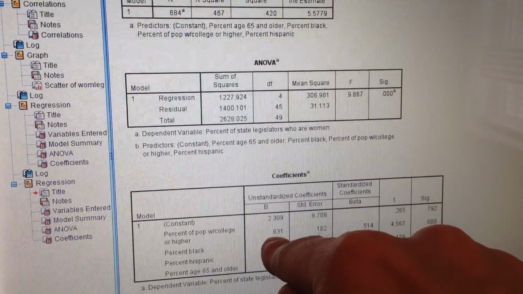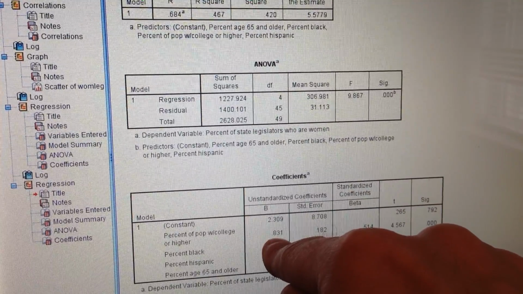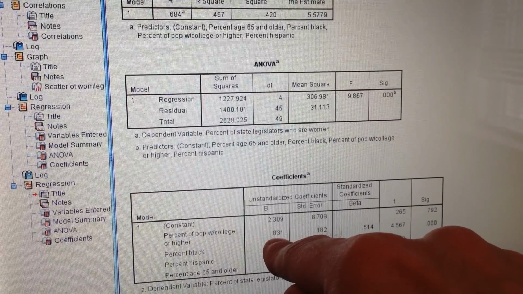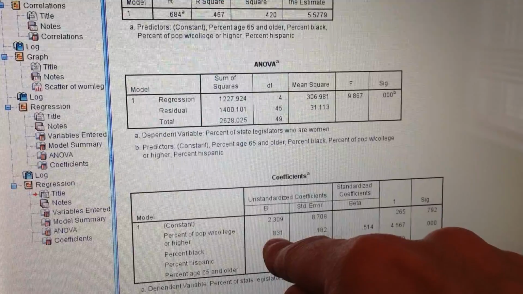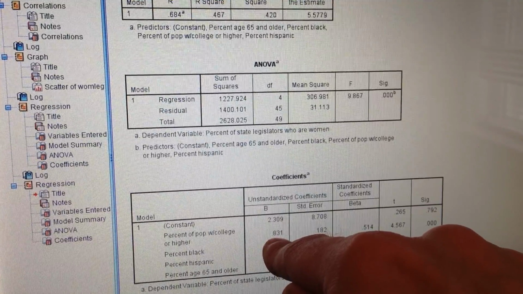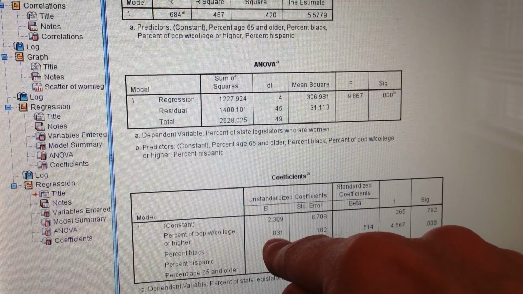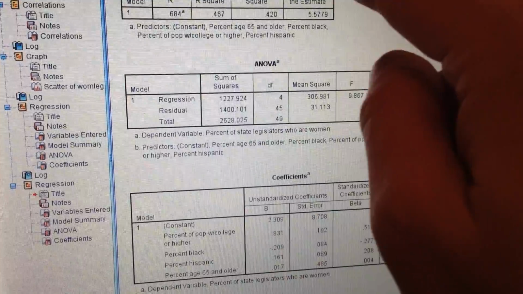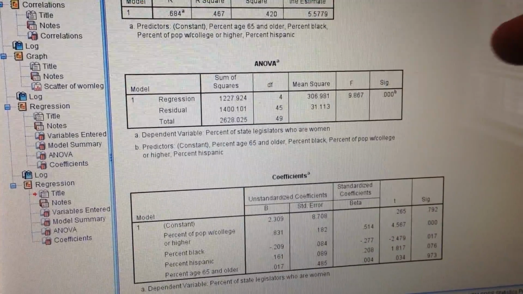In other words, this 0.831, somebody could come along and say, oh, well, correlation doesn't equal causation. It could be because a state has a high African American population, or a high Hispanic population, or a high elderly population. With multiple regression analysis, we can say no.